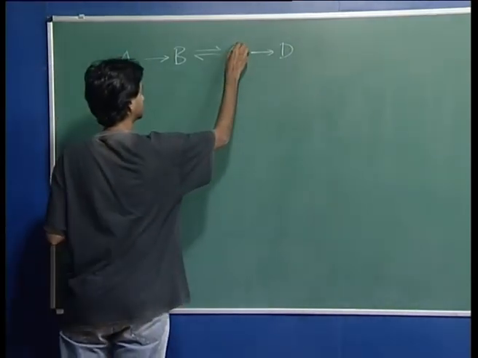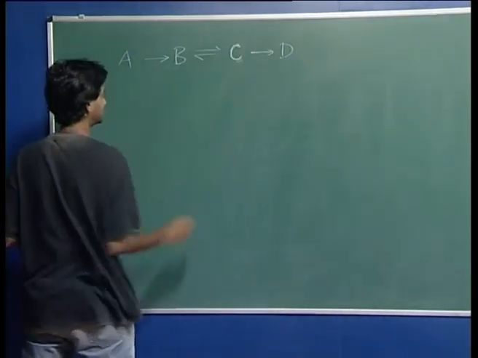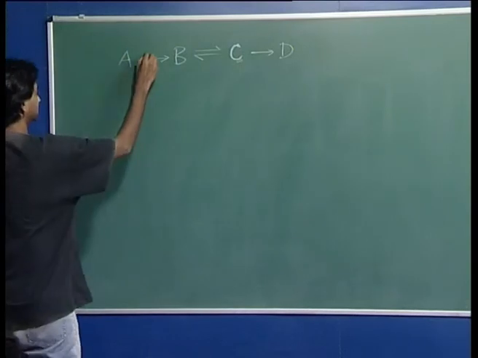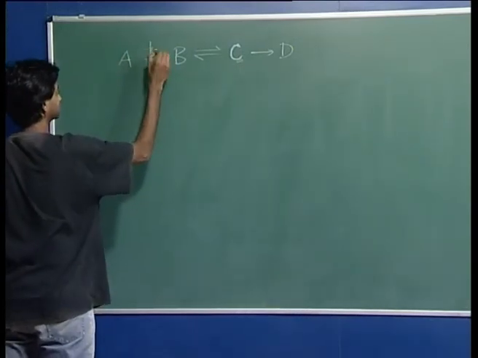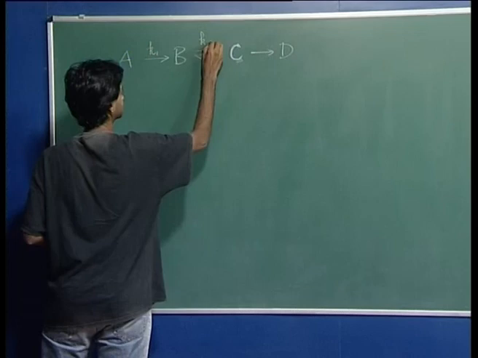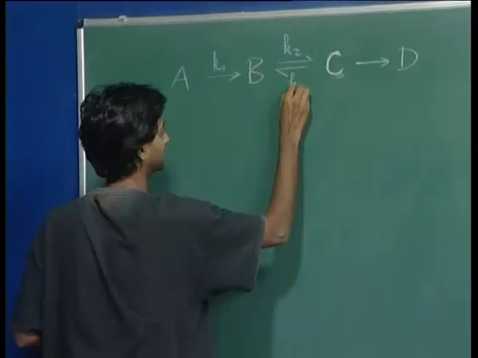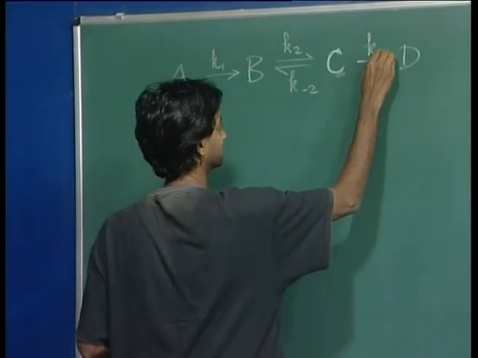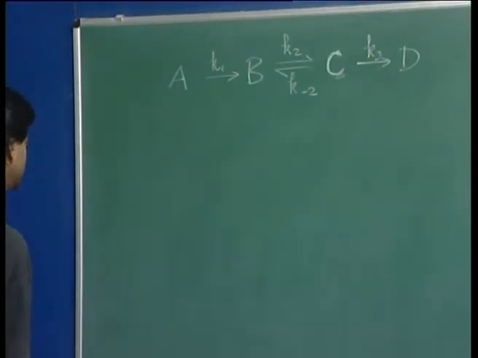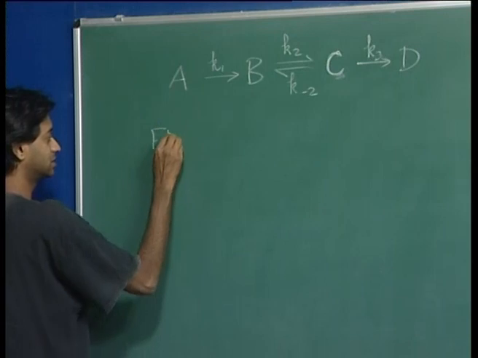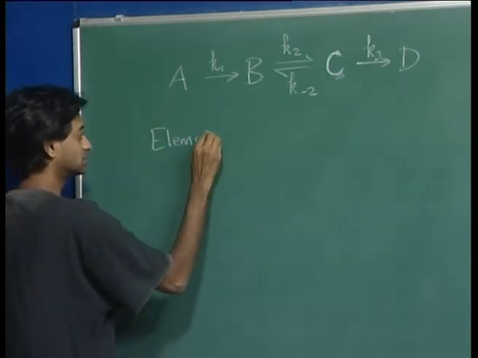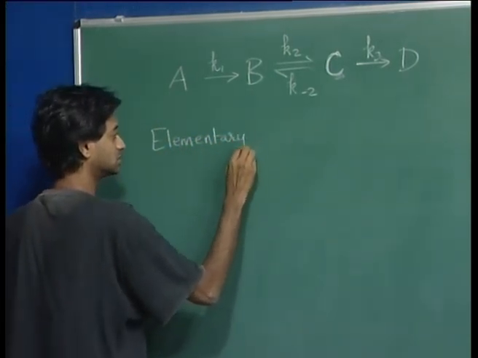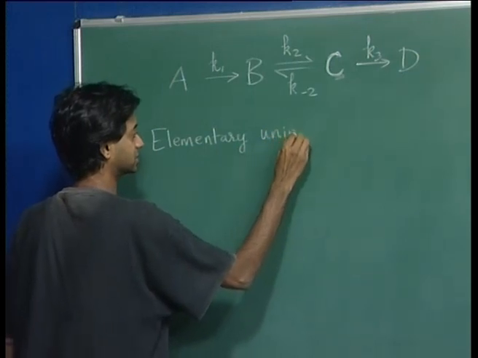Now this is a set of elementary reactions, and the rate of this reaction is K1, and this is K2, the forward reaction. The backward reaction is K minus 2, and the forward reaction, this is given by K3. Okay. So these are all elementary unimolecular reactions.